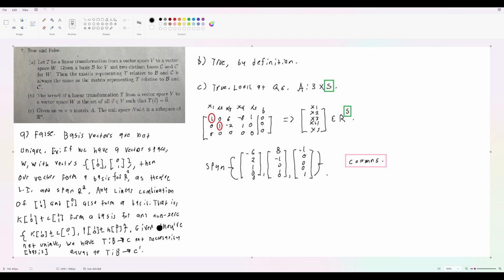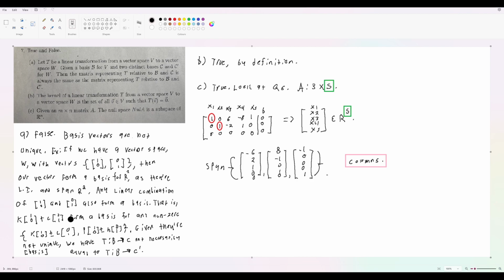That is, any scalars k, c form a basis for any non-zero set where we have k vector 1 plus or minus c vector 2, and then the next element p vector 1 plus or minus h vector 2.